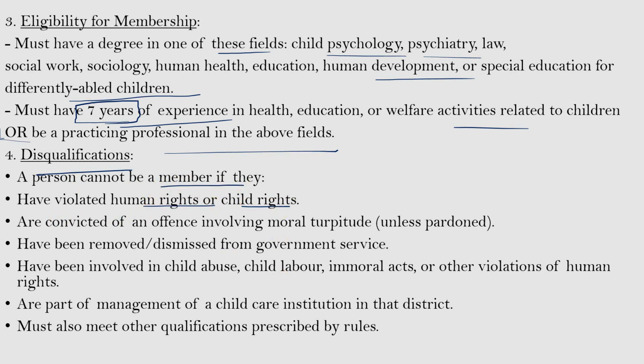That is, a person who has done any act which is against the laws, against human rights or child rights, and is convicted of an offense involving moral turpitude, or has been removed or dismissed from government service, or has been involved in child abuse, child labor, immoral acts, or other violations of human rights, or is part of the management of a child care institution in that district, or must also meet other qualifications prescribed by rules.